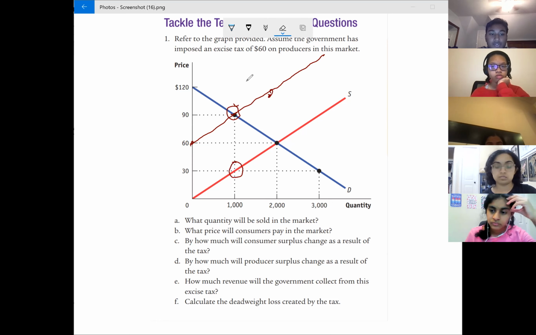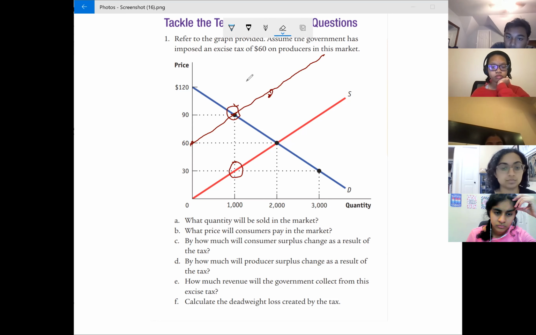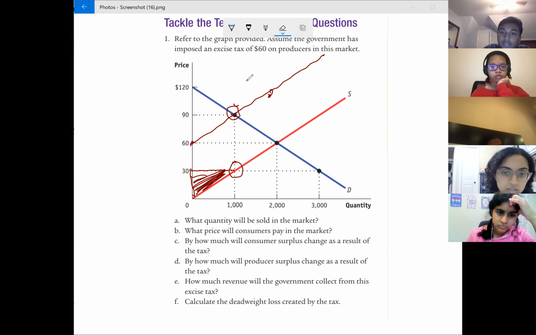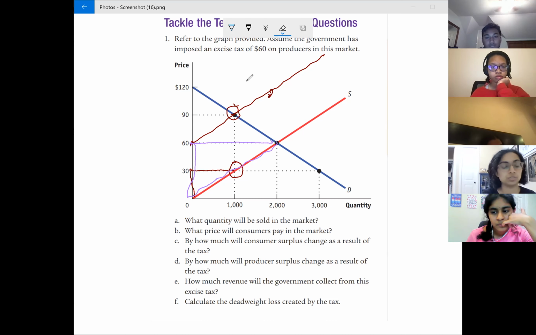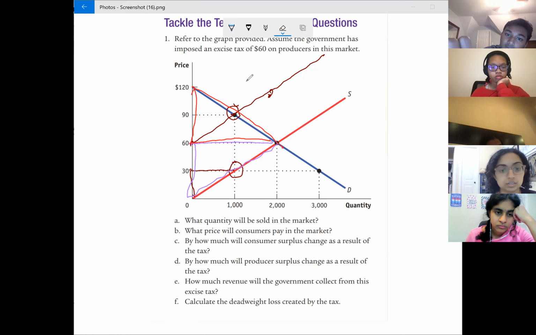So by definition, producer surplus is the area above the supply line, but also below the equilibrium price. Correct. And so in this case, it would be this small triangle over here, because this is the equilibrium price for suppliers. So it'd be this much when before it used to be this much. Okay, so $90 is only the equilibrium for the consumers because the suppliers are still only getting 30. Yeah, exactly. So it used to be this, and then for consumers, it became that.